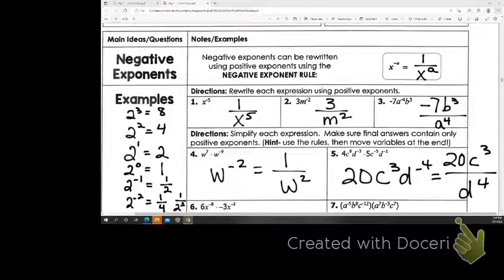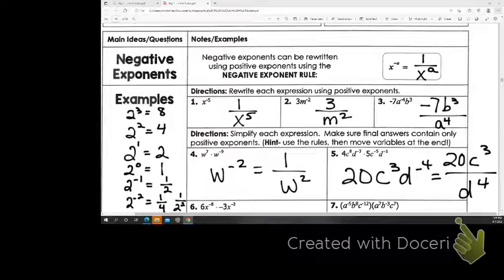And the top of the fraction is like the North, and this is the South, back in the Civil War days. These people were not happy in the North. But once they move to the South, now they're happy. They're positive. So once you move it, it gets rid of that negative exponent. This only has to do with the negative exponents. It does not have to do with negative numbers.